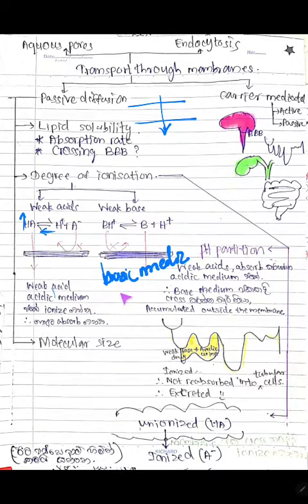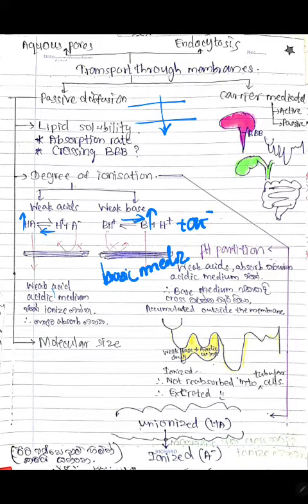When the basic medium has OH minus, the equilibrium is biased to this side. Therefore, B is increased, which is the non-ionized form of the weak base. And the non-ionized form always crosses the lipid bilayer easily, while the ionized form does not.